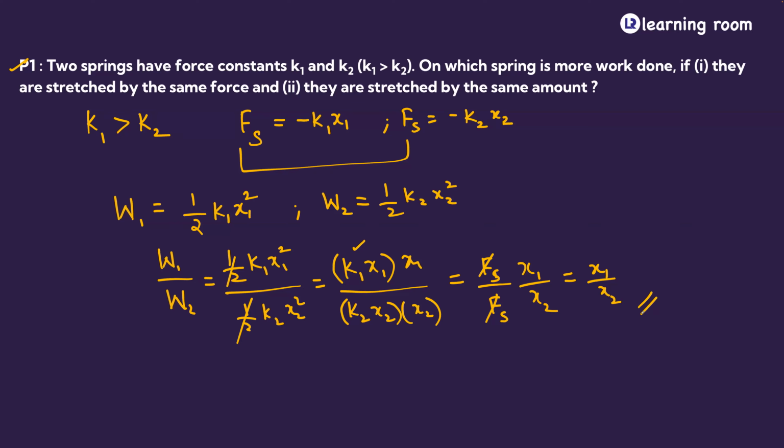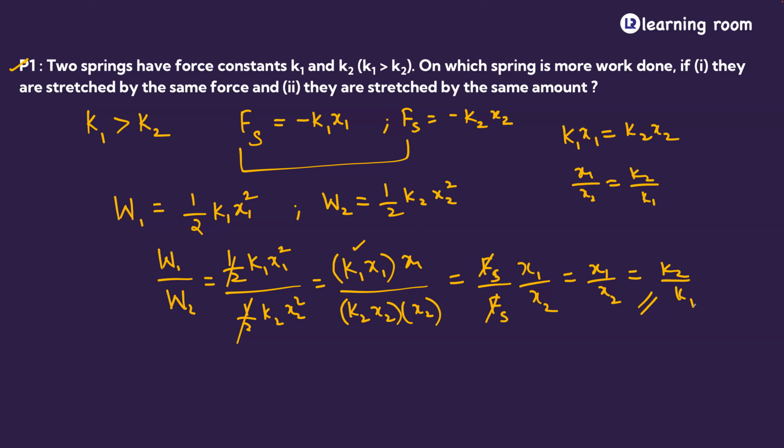But you can clearly understand that force is going to be a constant. Here, can I say K1 x1 is equal to K2 x2? So x1 by x2 is equal to how much? K2 by K1, right?